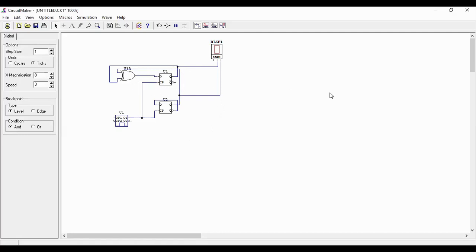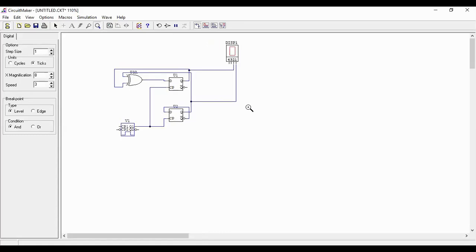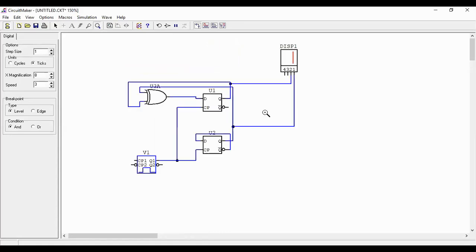I can even zoom it. Okay. Make sure your connections are like the way they are. Just take an image of the same. That's when I zoom it.